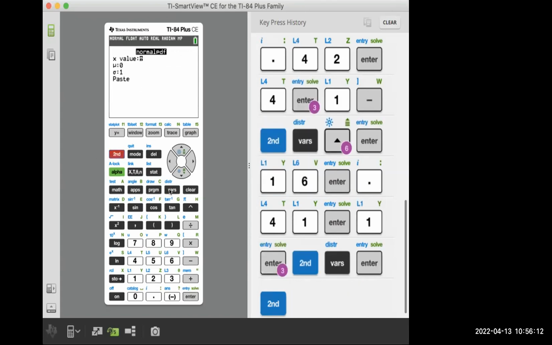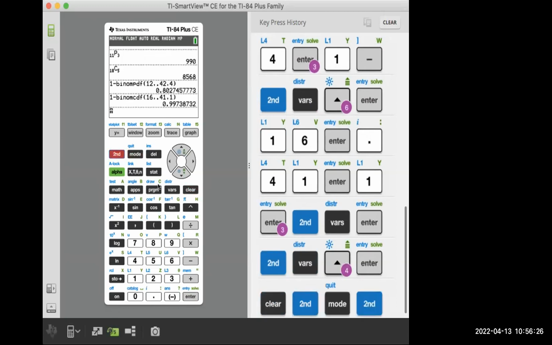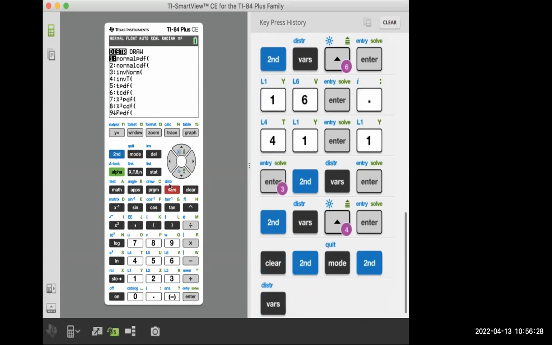I'll do the Poisson distribution, and this will be a Poisson PDF.